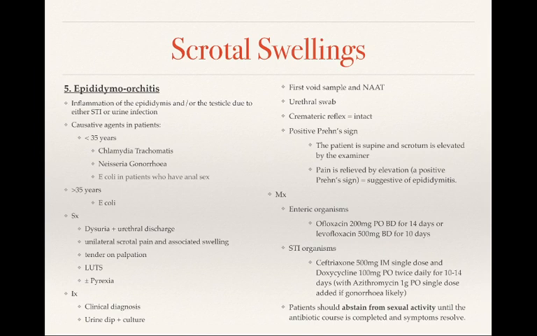You ask them to give a sample of the urine that they pass first thing in the morning, and you would give it to the lab to use NAT to identify the bacteria. And then you would do a urethral swab if there's any discharge to identify the organism as well.